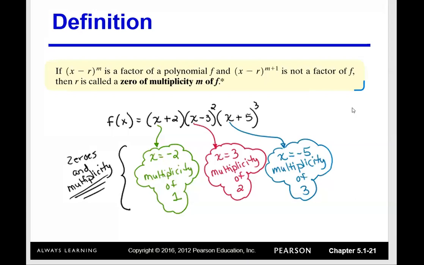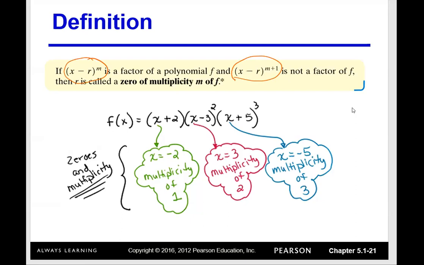It says, if x minus r raised to the m power is a factor of a polynomial f, and x minus r raised to the m plus 1 is not a factor of f, then r is called a zero of multiplicity m of f. I know it's confusing because they've got x minus r to the m, and then over here it says x minus r to the m plus 1.